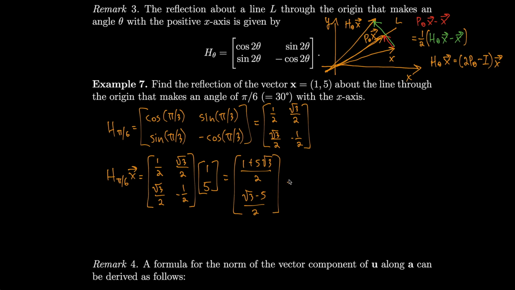Using a calculator, we can approximate that as 4.83, minus 1.63. So that means that H of pi over 6 of (1, 5) is about 4.83, minus 1.63.